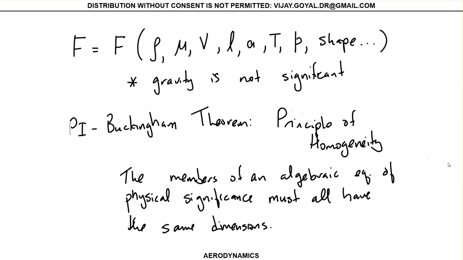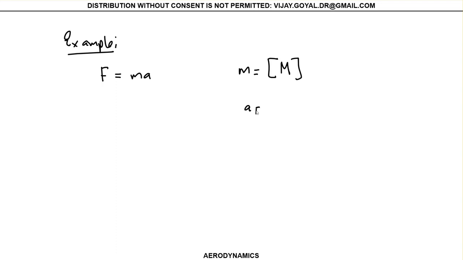Let's work with a simple example to lay down the groundwork to understand what we're saying. For clarity, this is not a full example, just to lay down the groundwork. Let's suppose I have the case of F equals mass times acceleration. Mass is a property of M. Let's say A is a property of length over time squared.